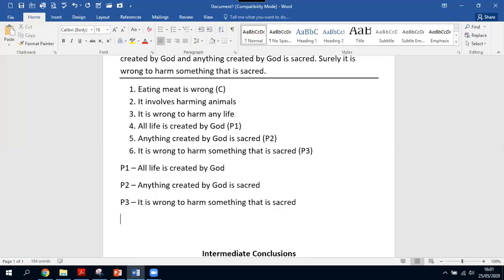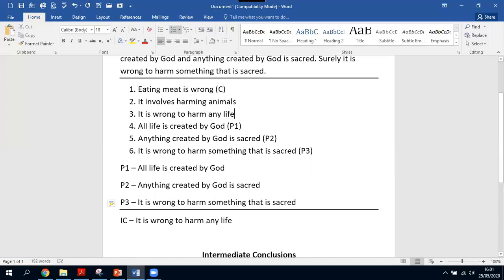So this is our first, and the only, intermediate conclusion in this argument. We put our inference bar, and then we put IC, intermediate conclusion: it is wrong to harm any life. And then we've got our main conclusion, eating meat is wrong.